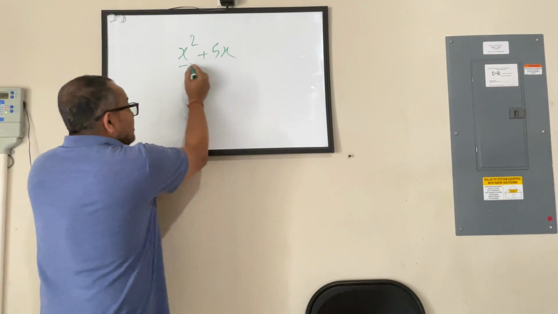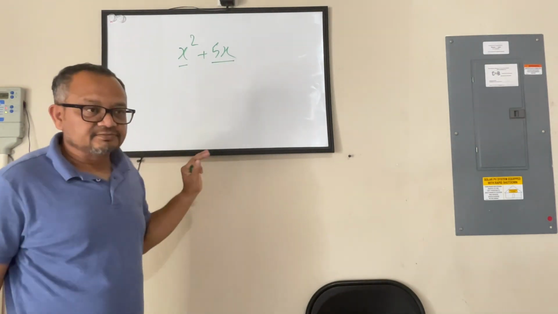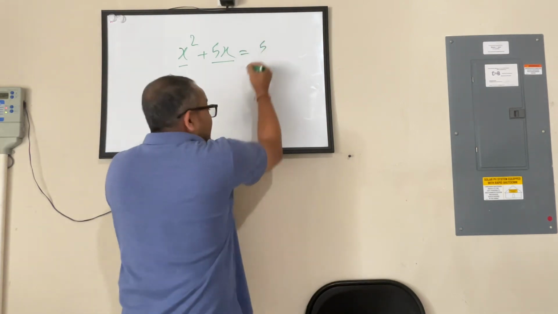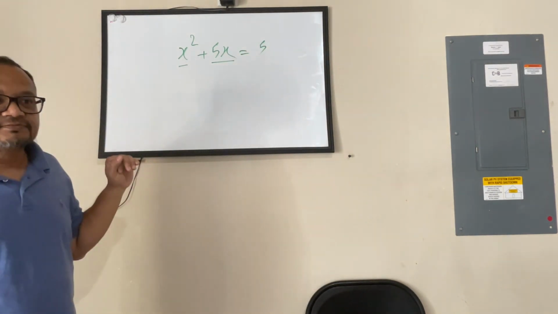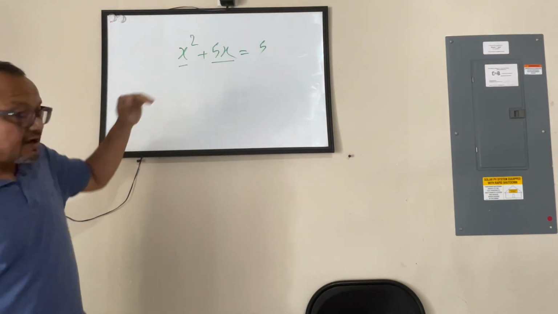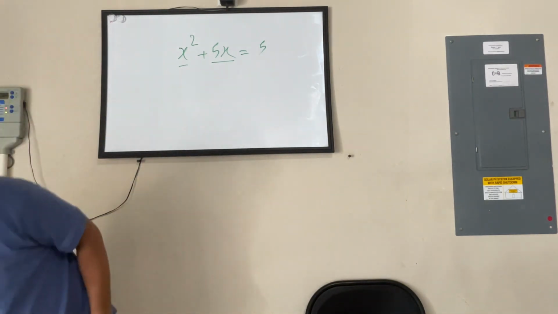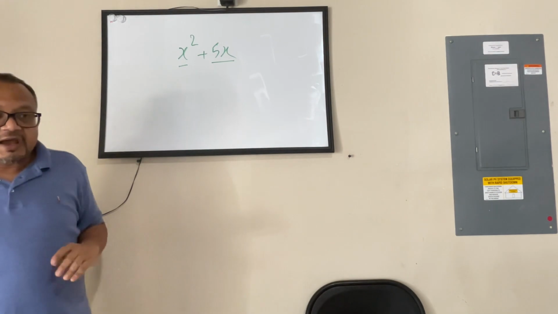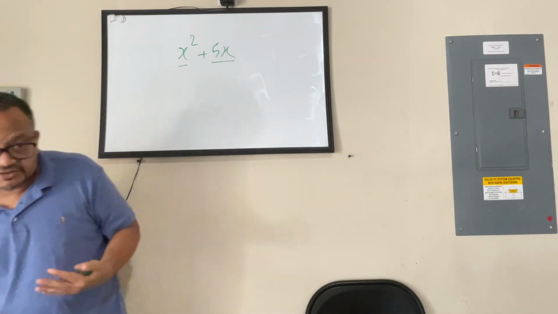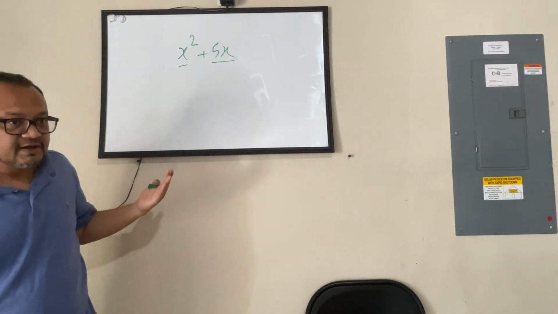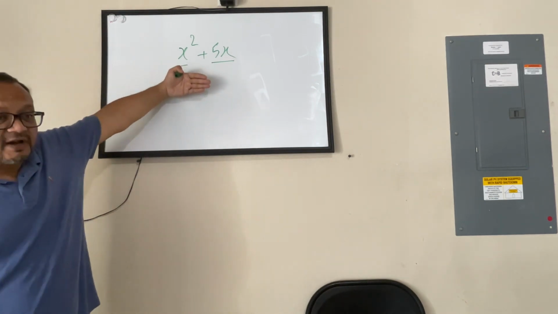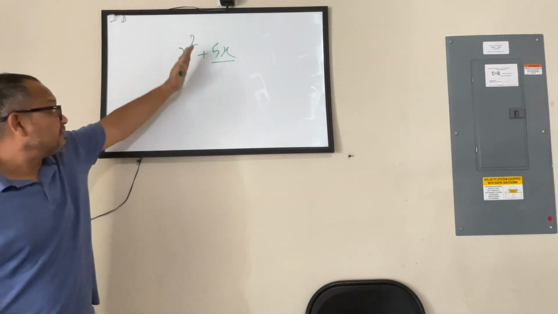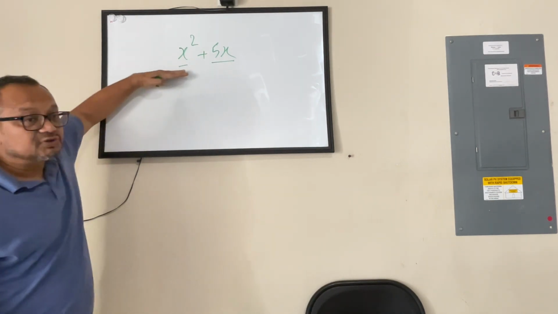This is one term, this is the second term. If you write this equal to 5, this becomes an equation. Here I am writing this without the equal to sign as a function of x. Here I have only one variable. So this is a function with one variable but 2 terms.